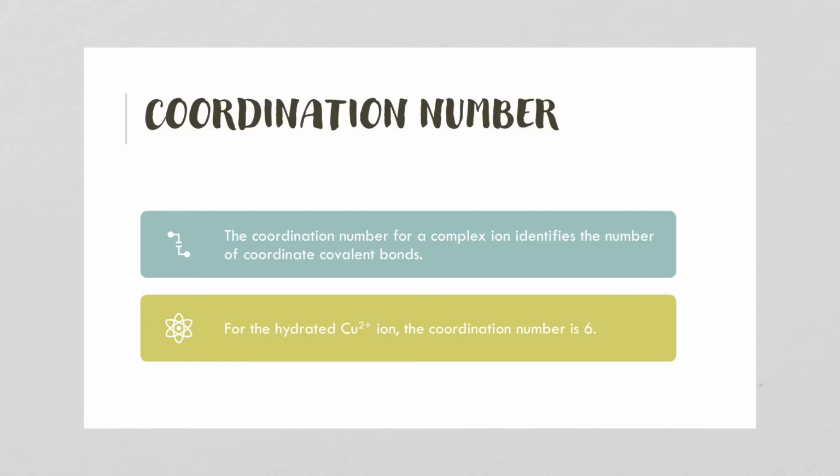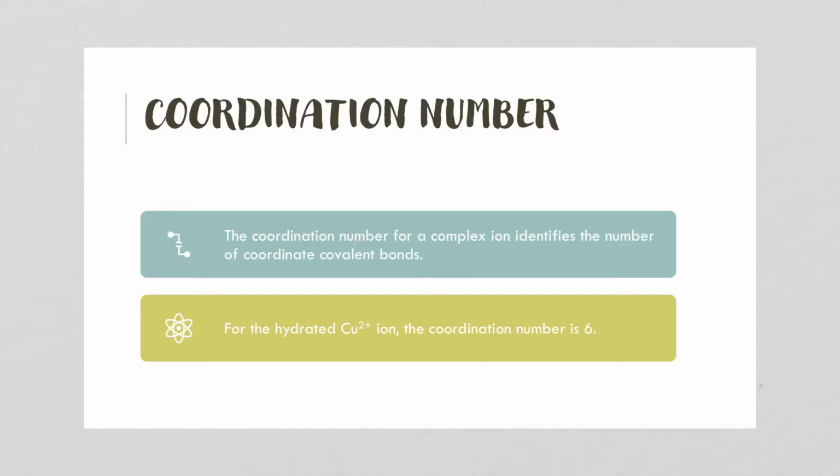The coordination number for a complex ion tells you the number of coordinate covalent bonds being formed. If you take a look at the hydrated Cu2+ ion from the first example, the coordination number is 6, because each Cu2+ shares with 6 water molecules, and each of those water molecules donates 1 electron pair.